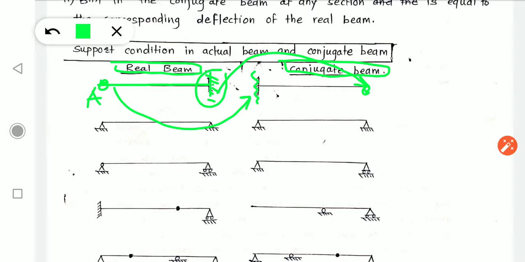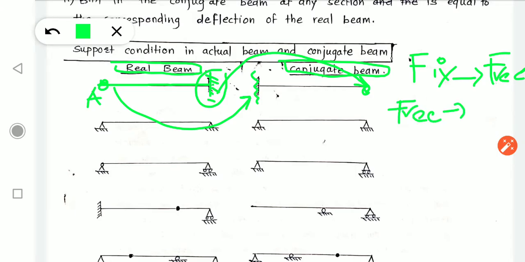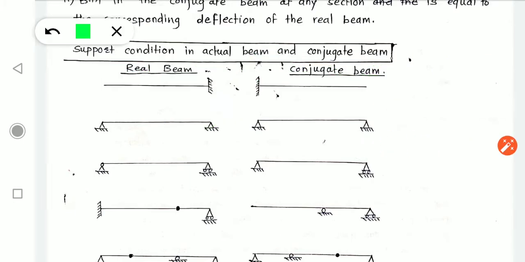So the first rule is that if you come across a fixed end, you should make it free. And if you come across a free end, then you should turn it into a fixed support. Instead of saying end, we will say: if you come across a fixed support, make it free; if we come across a free support, turn it into a fixed support. Understood? Next, if you have a hinge support, the hinge will remain hinge.